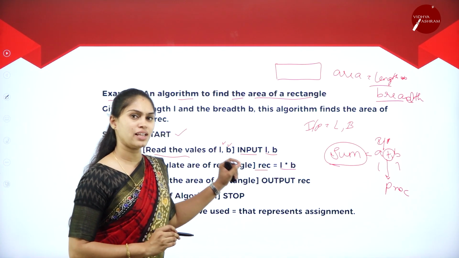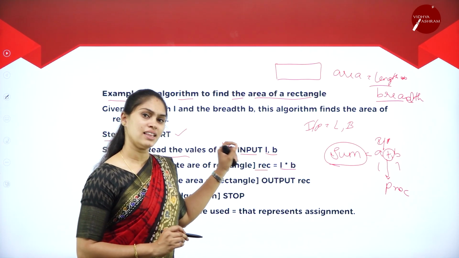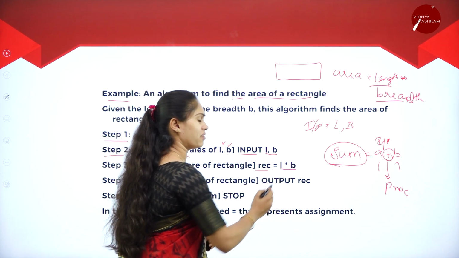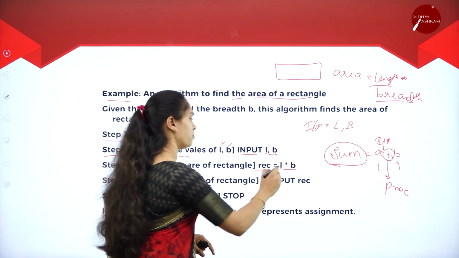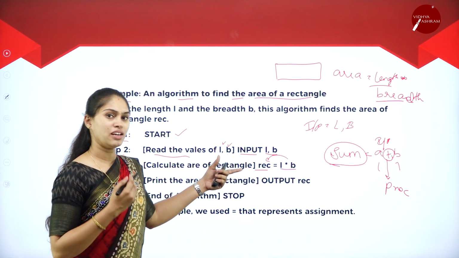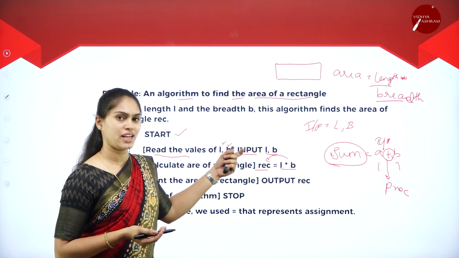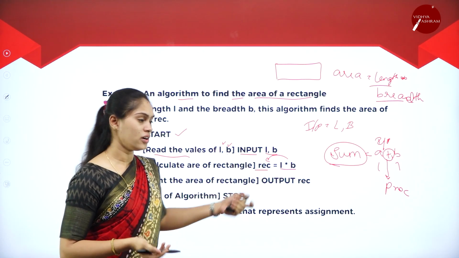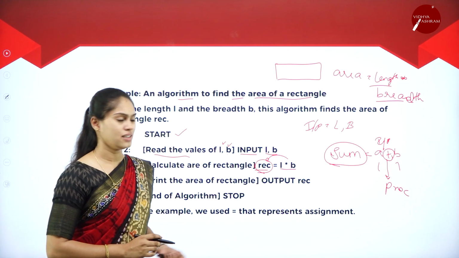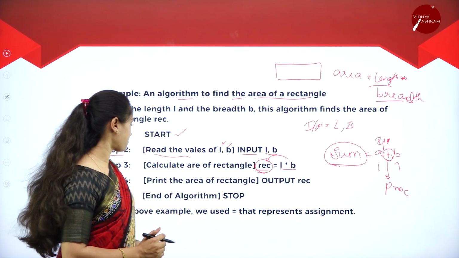So I am storing the area of a rectangle in the variable called REC. Okay, so L and B will get multiplied and that will be copied to this REC variable. So if I want to display the value of the area of a rectangle, then where will it be stored? It is stored in the variable called REC. Getting? That is rectangle.